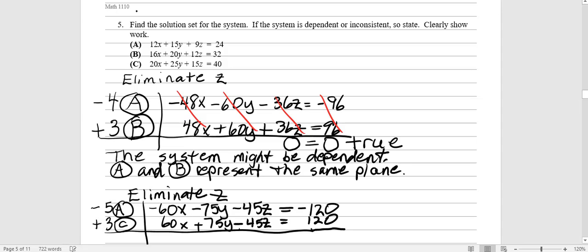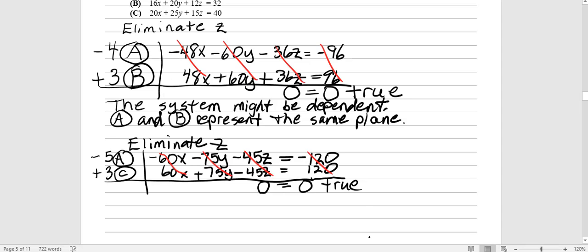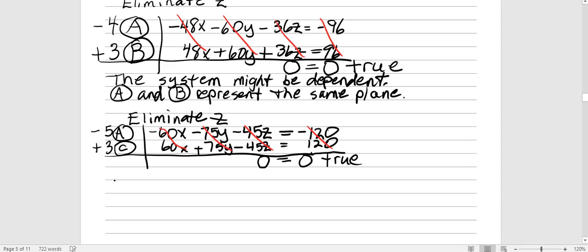I see that, again, every term cancels out on both the left and right side, and I get the true equation 0 equals 0. So this is the situation where the system is indeed dependent.